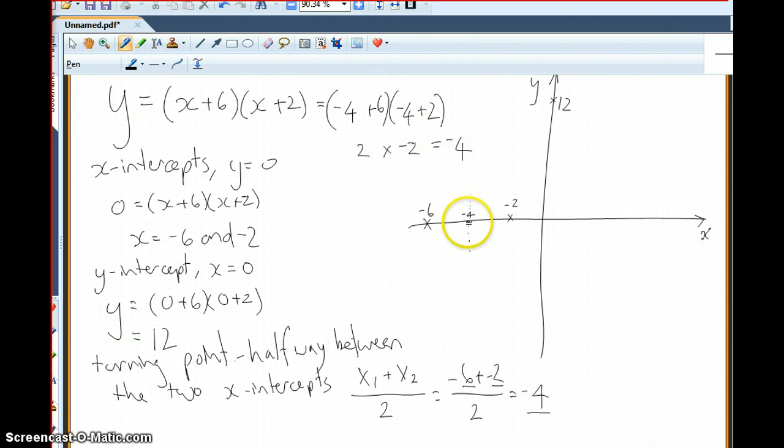So in other words, when x is minus 4, y is also minus 4, and we have a fourth and final coordinate right there. And now we're ready to draw the parabola. Okay, this is definitely a sketch and not a drawing, but you get the idea. I've got 4 correct points.